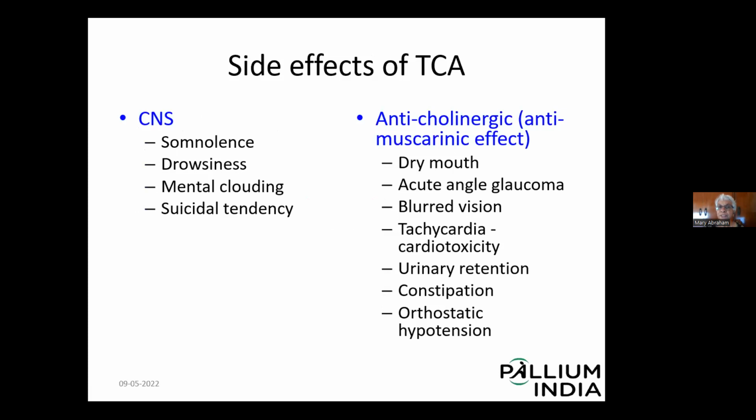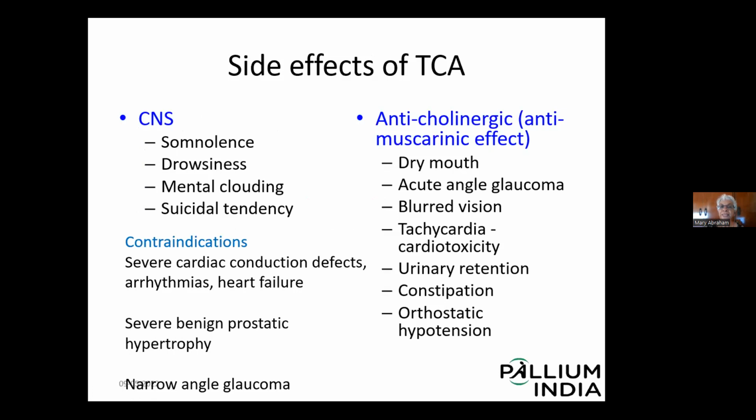Now, the side effects of TCA are the CNS side effects like somnolence, drowsiness, mental clouding, and even suicidal tendency. Anticholinergic effects of TCA cause dry mouth, acute angle glaucoma, blurred vision, tachycardia, urinary retention, constipation, and orthostatic hypotension. These are because of its antimuscarinic action.